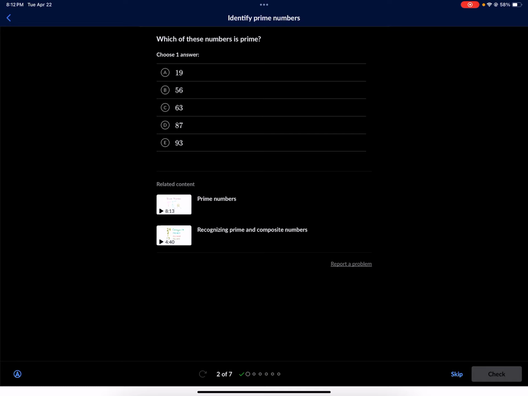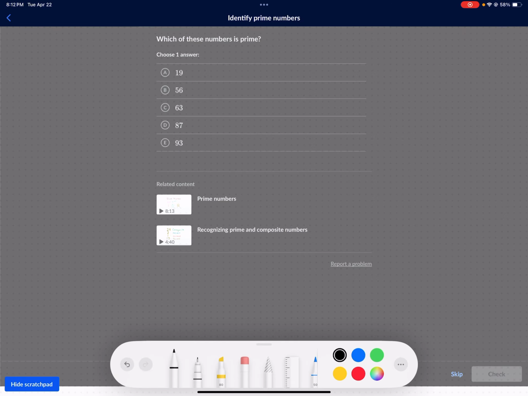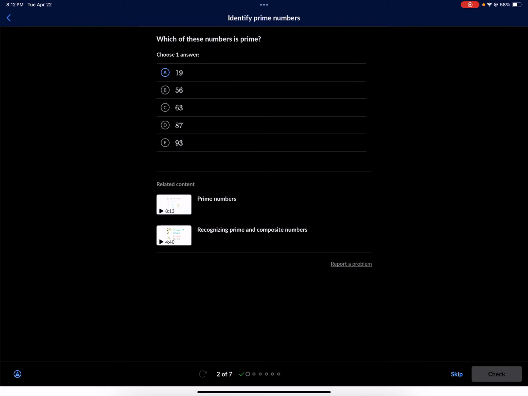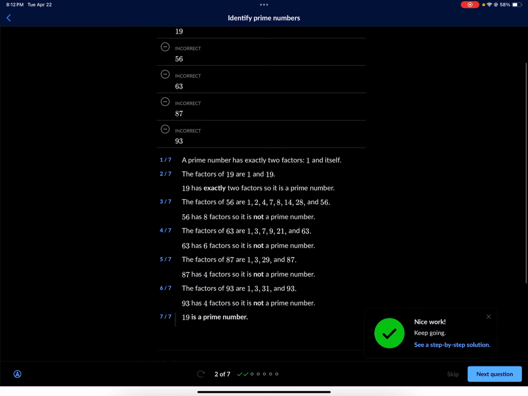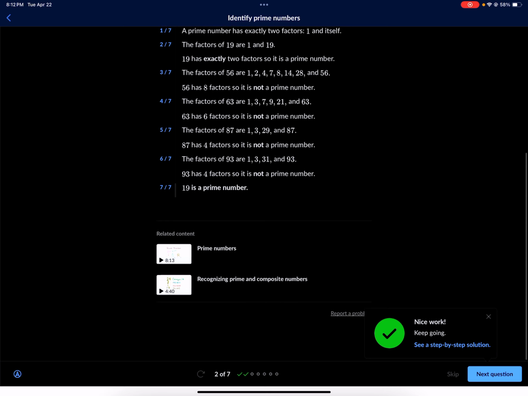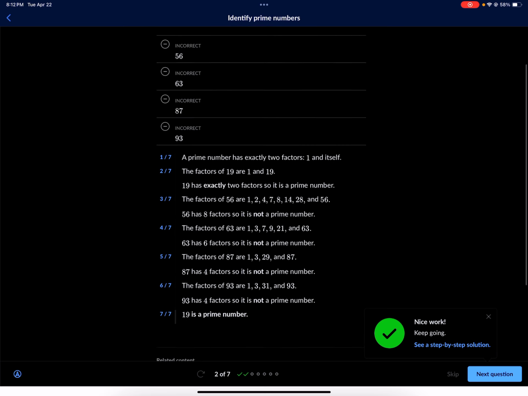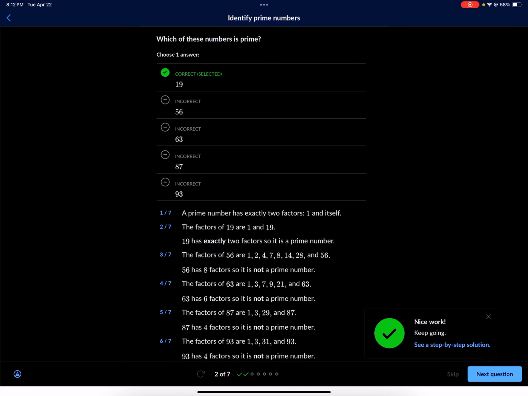Okay, let's move on. Which of these numbers is prime? Same thing here. 19. Any factors? How about that? We got none. So that means 19 must be our answer. Here's the solution. We can list all factors, but again, you only need one factor to validate that a number is not prime.